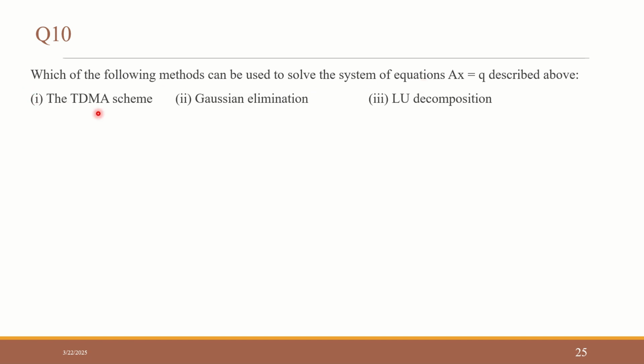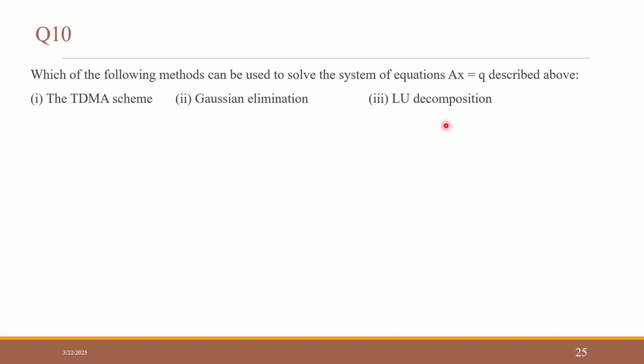First one, the TDMA scheme, that is the tridiagonal matrix algorithm or the Thomas algorithm. Second one, Gaussian elimination. Third one, LU decomposition. Our method did not produce any tridiagonal matrix form, so TDMA is false; we cannot use it for this particular system, but we can use Gaussian elimination and LU decomposition.